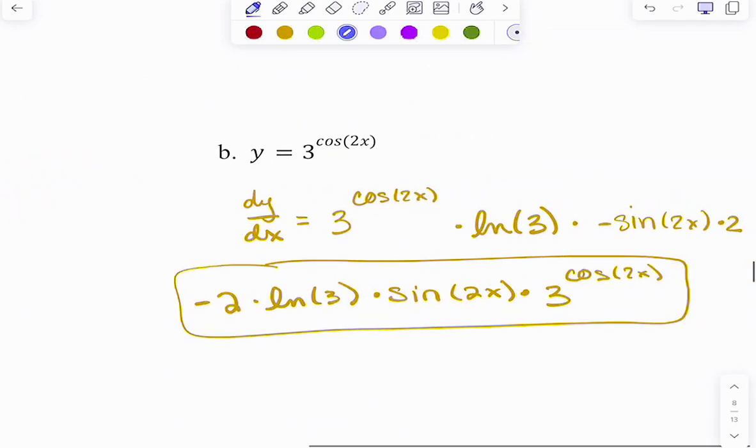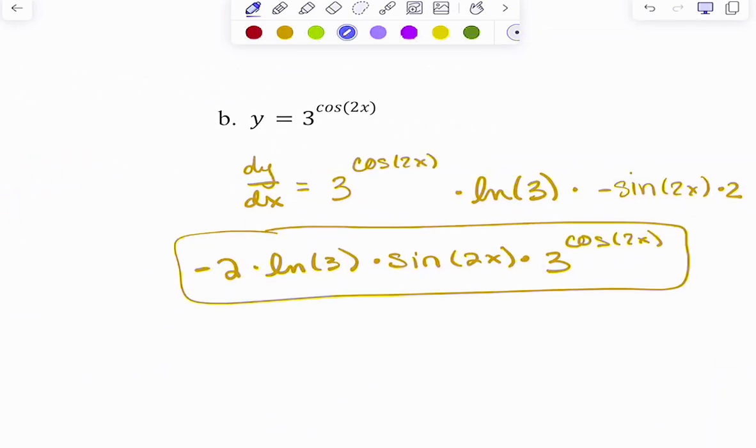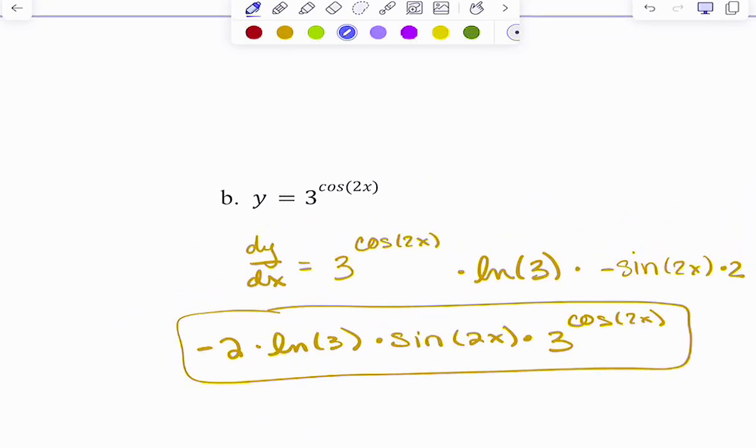Okay, next one. So this one was another chain rule, but because it's not e to the power, it's 3 to the power, we had to include this rule. So remember, if we had the base a to the x and we took the derivative, the rule for this one is a to the x times the natural log of a.